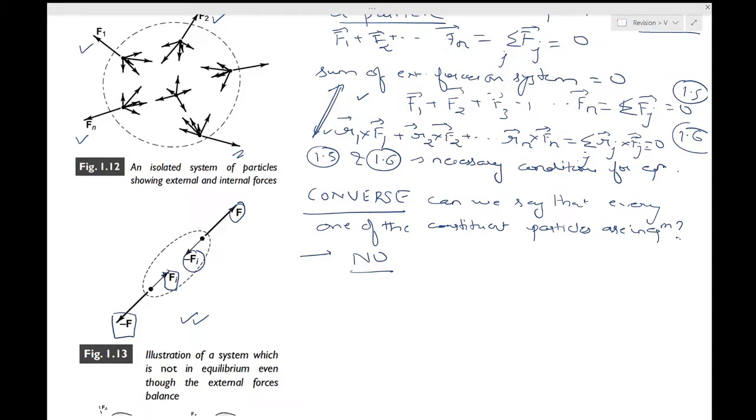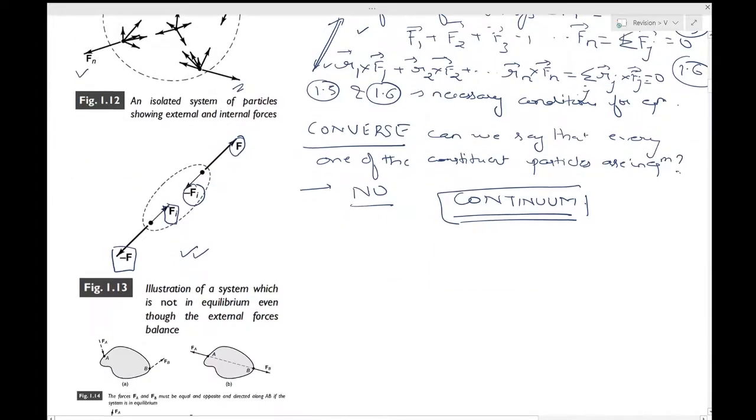We have seen all these facts, and we also discussed the concept of continuum in our last class, so we are not going through that. For our course we only study a continuous solid.